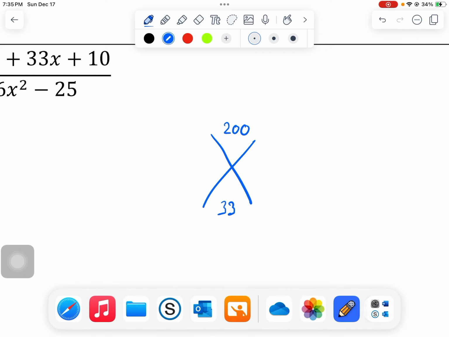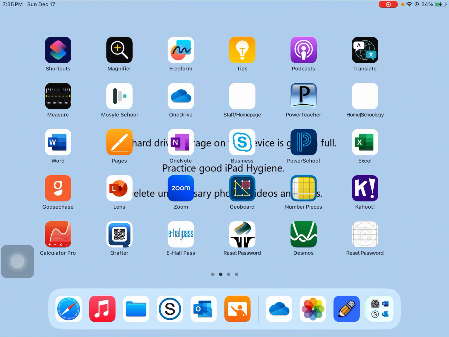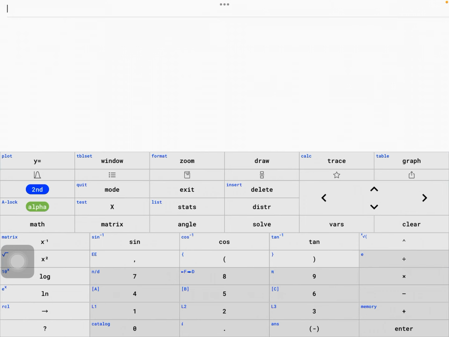Let me just pull the calculator here. 200 divided by, let's try 12. Nope. 200 divided by 15. Nope. 200 divided by 16. 12.5, I'm getting closer.